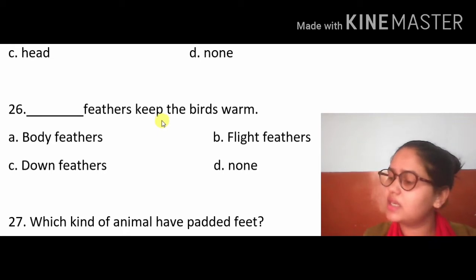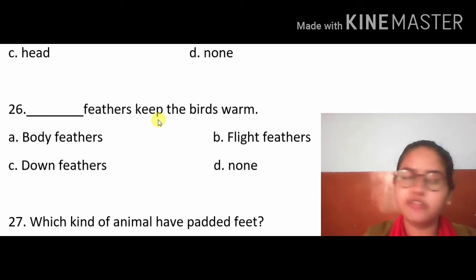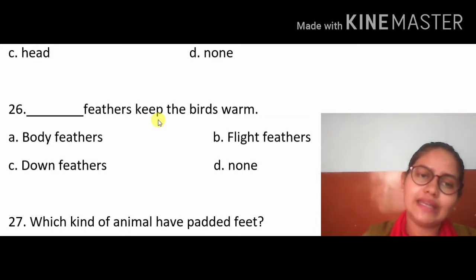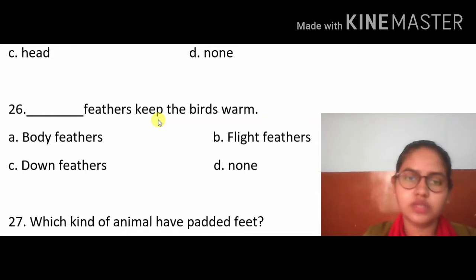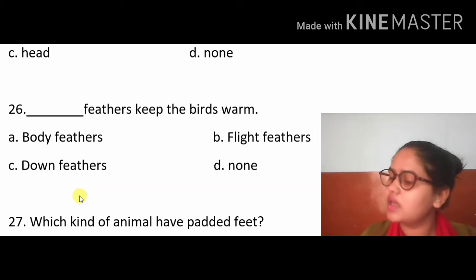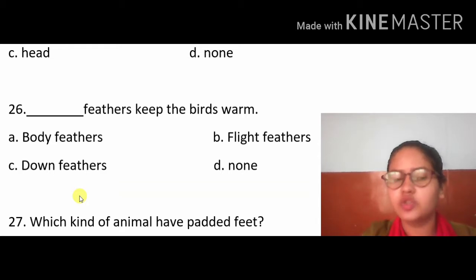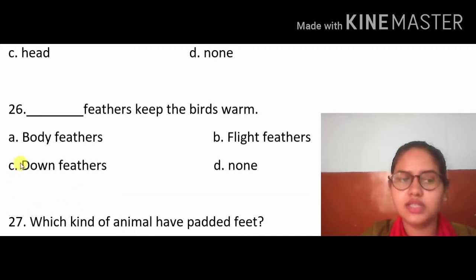The body feathers cover most of the body of the bird and protect it from rain, cold and heat. Now we just want to know which feathers keep the body warm. Come to down feathers. On down feathers, you can learn that these feathers are soft, small, fluffy, and they keep the birds warm. So which one is right? Down feathers. C is right. Okay, students, so the C answer is correct.